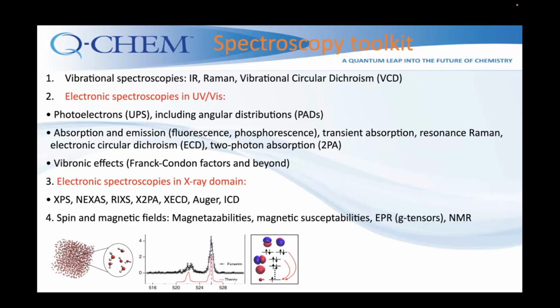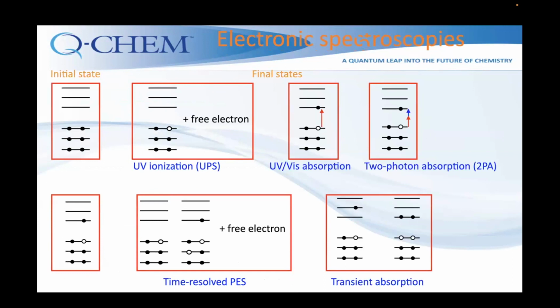When we talk about spectroscopy, the first thing to figure out is what states are at play, because each spectroscopy probes transitions between initial and target or final states in a molecule. In electronic spectroscopy, these are states that differ by different electron distributions. Here are a few examples.